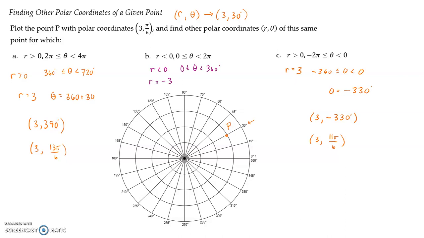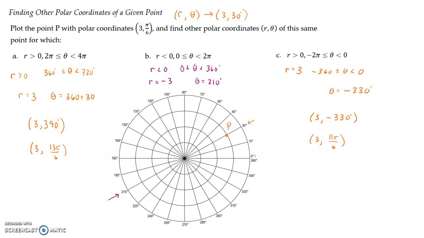Now keep in mind, since that radii value is negative, that means we need to end up along this radial line, but we're going to be counting in the opposite direction so that we can end up in quadrant 1 with regard to our point. So if you take a look at this angle measure here, this is the radial line that represents 210 degrees. So our angle measure is going to need to be a positive 210 degrees.